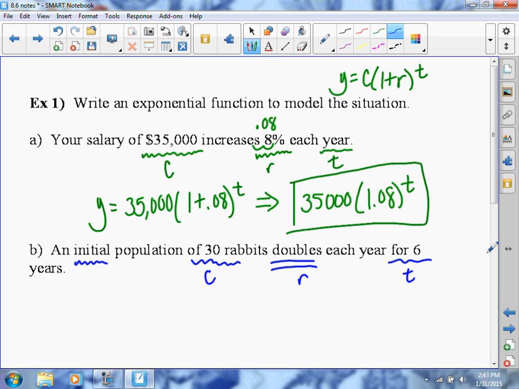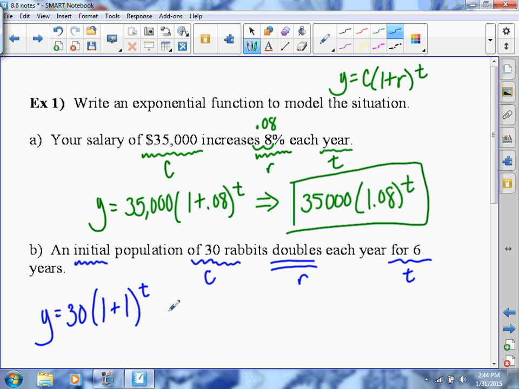Now, when something doubles, we have to figure out how we're going to write that. Okay? Now, the number that I normally have in here in my equation is 1 plus my rate, 1 plus r. So I'm starting with 1, and I want it to double. Okay? So to get 1 to double, I really am starting with my 30, and then I have 1 plus 1, because 1 plus 1 would be 2, and then it would be double of what it originally was.